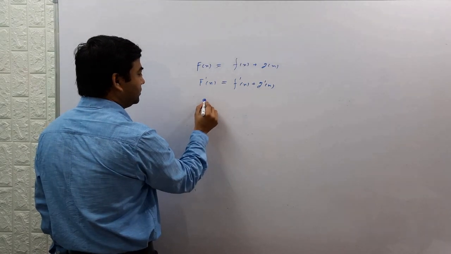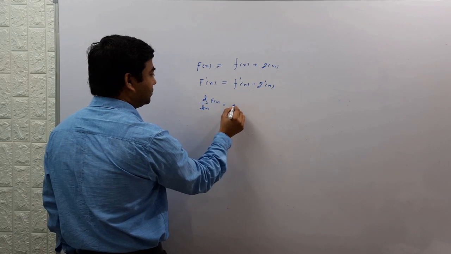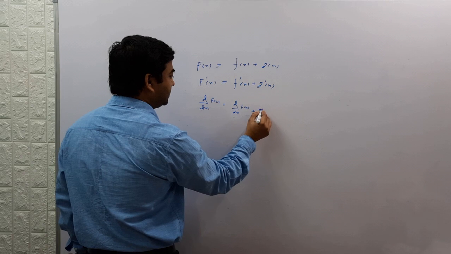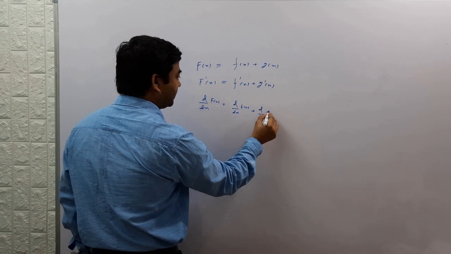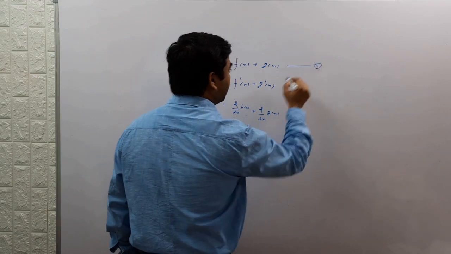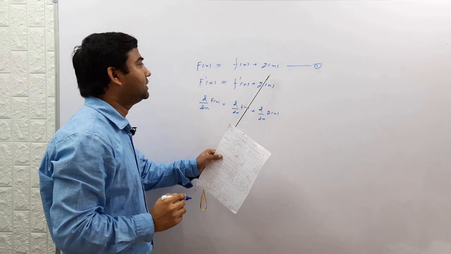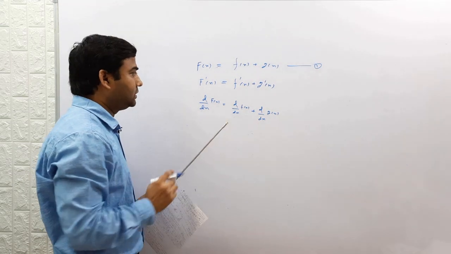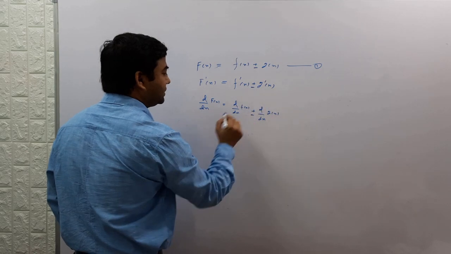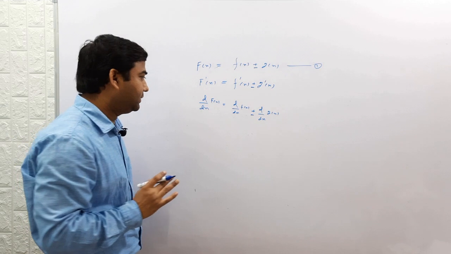In Leibniz form you can say d/dx of f(x) plus g(x) is equal to d/dx of f(x) plus d/dx of g(x). So this is the property of addition of two functions, how the derivative of two functions which are being added is found. Similarly for minus, you can just change the sign. This is one property of derivative.